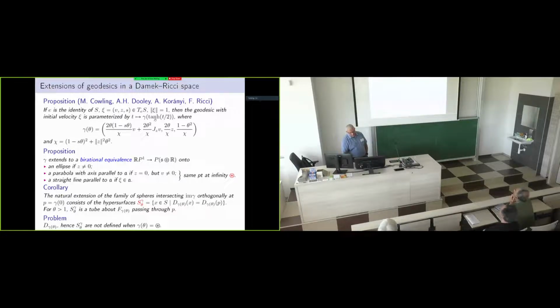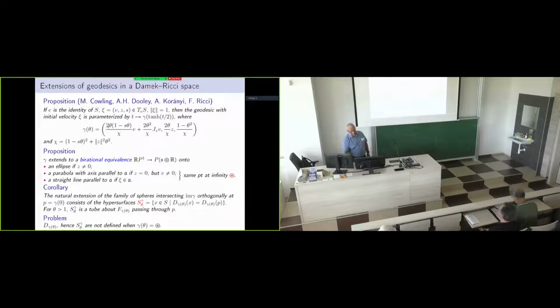This hyperbolic tangent of t over 2 is a function which takes values in the interval (-1, 1). And if we let t run from minus infinity to infinity, then this value, which is essentially theta in the next slide, will run only from minus 1 to 1. But in fact, this formula gives you a properly defined point for any theta.